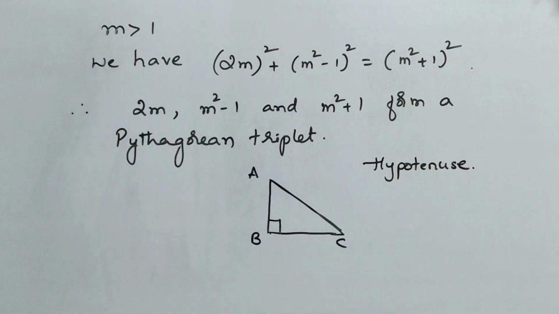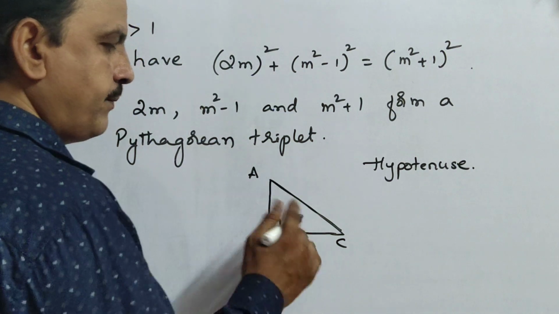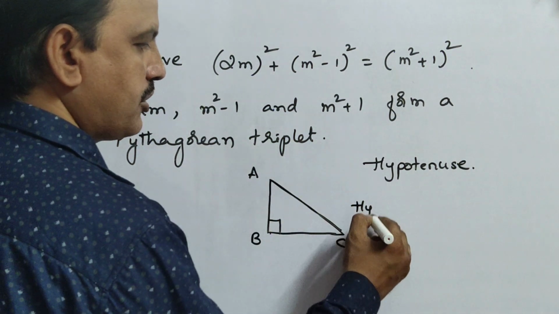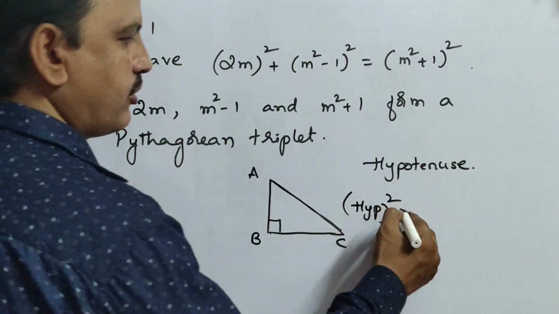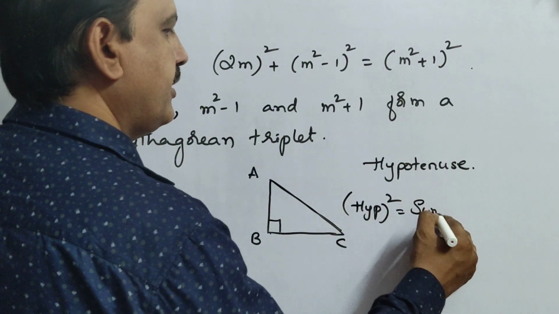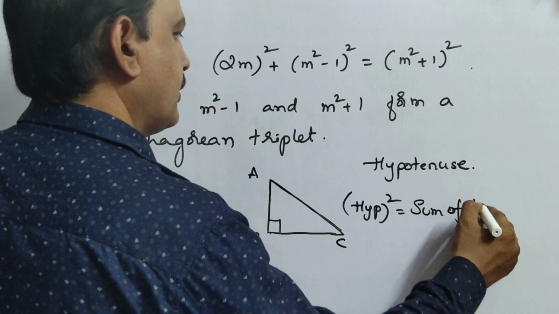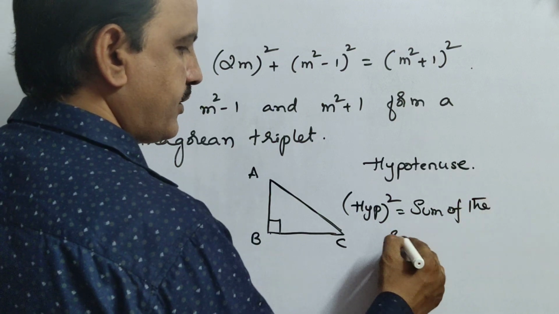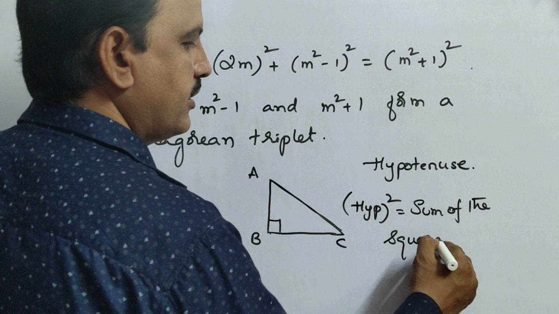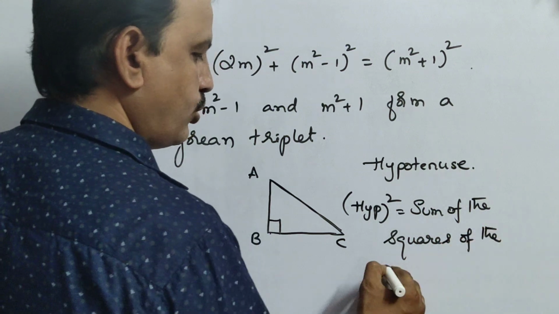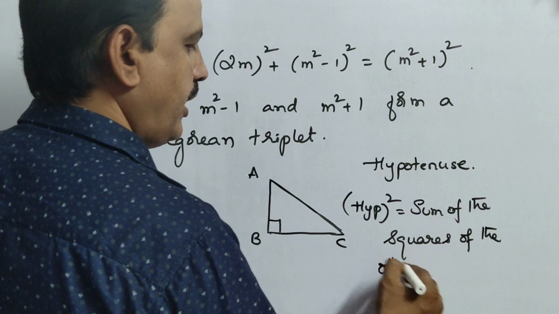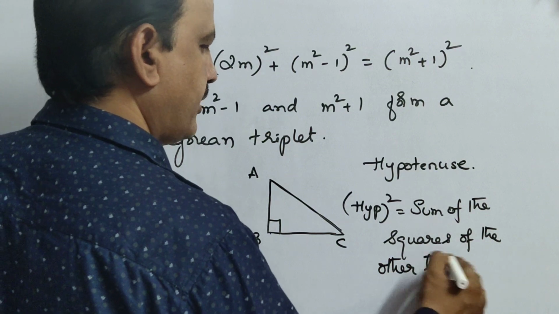Now what is the Pythagoras theorem? The definition is: hypotenuse square is equal to the sum of the squares of the other two sides.